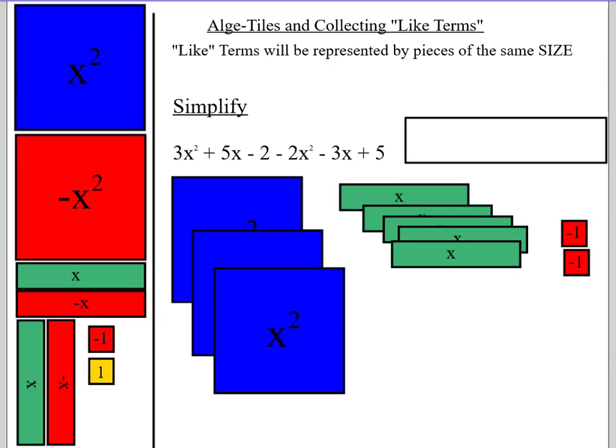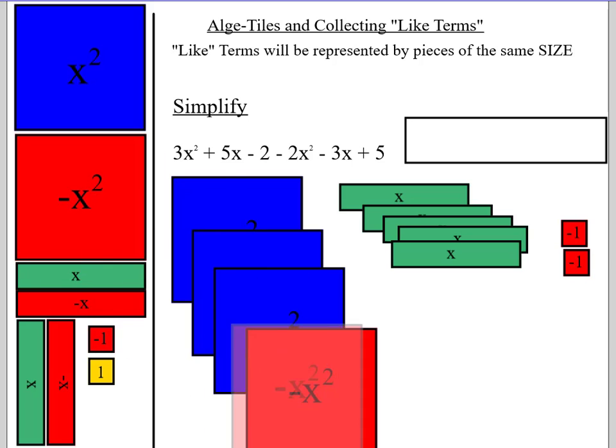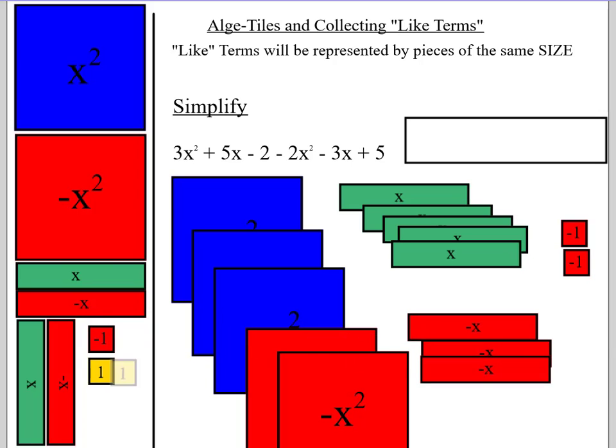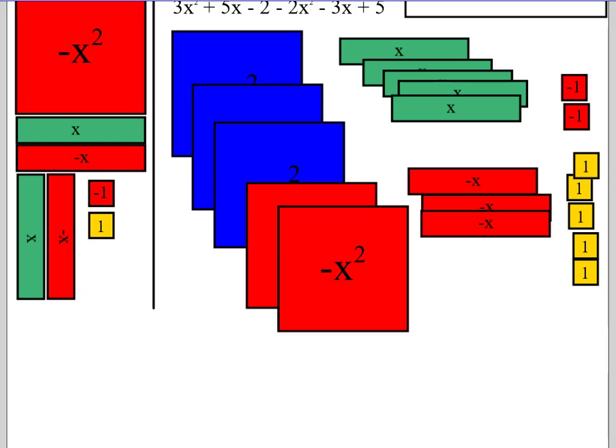To that I have to subtract 2x squareds. I have to subtract or use 3 negatives for the x's, and I have 5 positive 1s. Gotta stop using 5 here. Okay, now what we can see very quickly, I hope, is we have some 0 pairs.